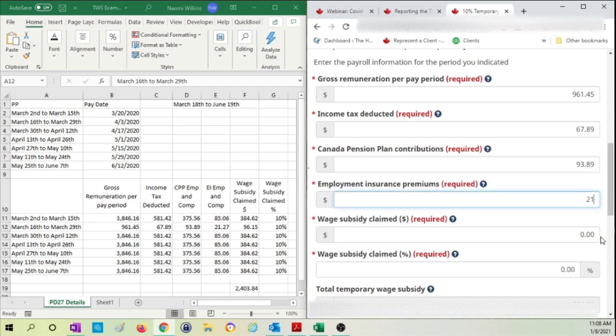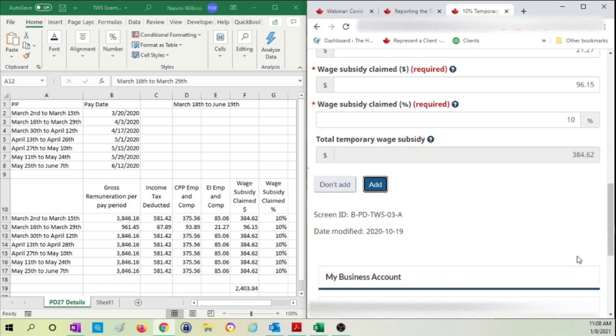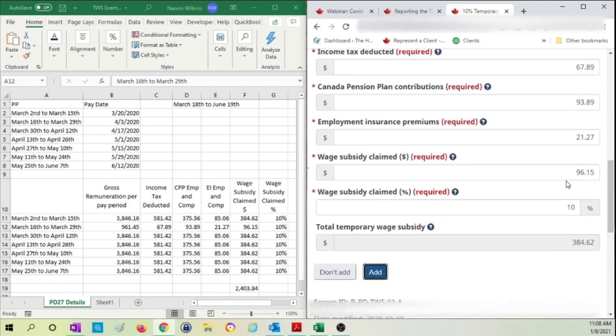EI was 21.27, and we claimed 96.15. That's the 10%. And again, just to confirm in this case right here that the full 96 was not withheld from the remittance, but we do want it all eventually one way or another, whether we deducted it or not. So that's why I'm putting it in.